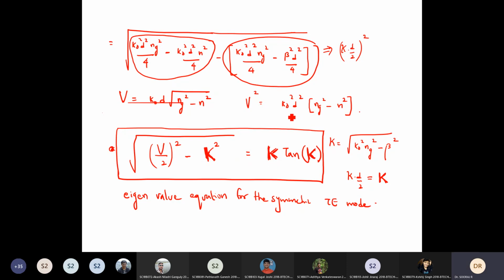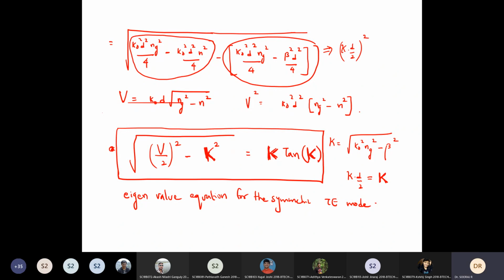V is nothing but k naught into d into root of ng square minus n square, and kappa is also defined in terms of the waveguide parameters.